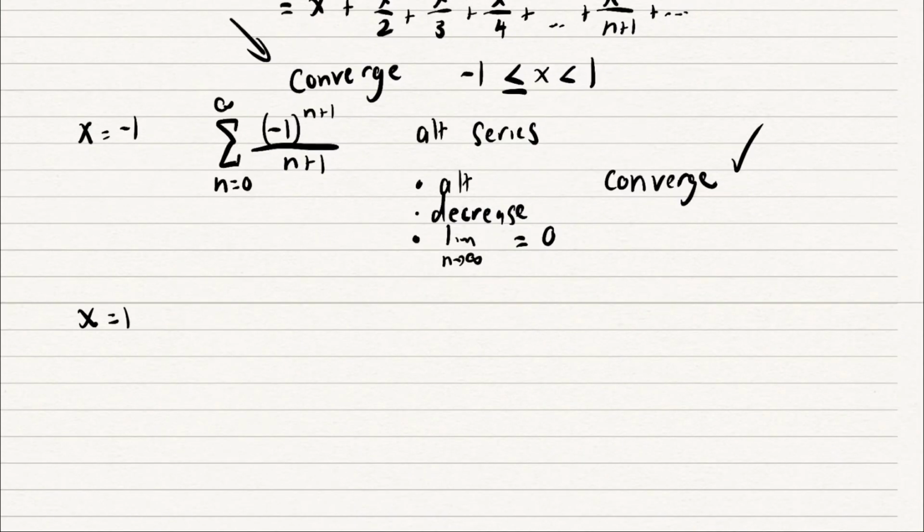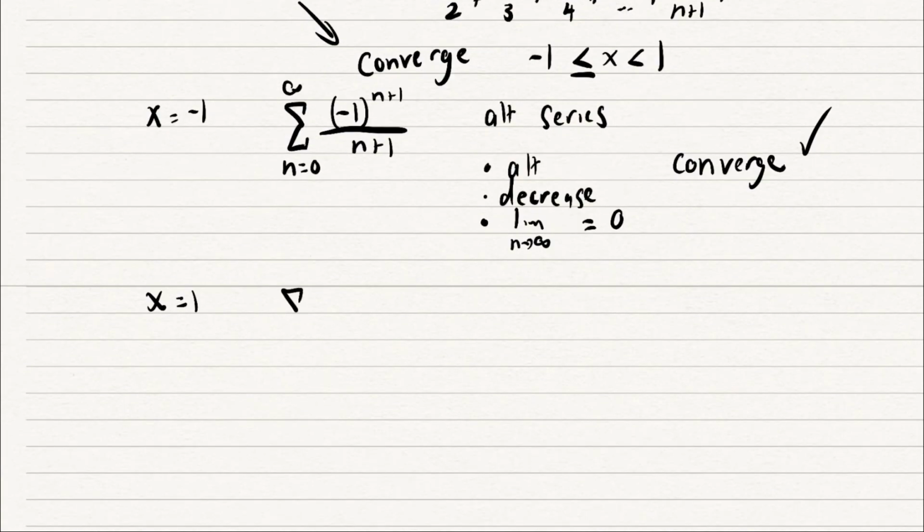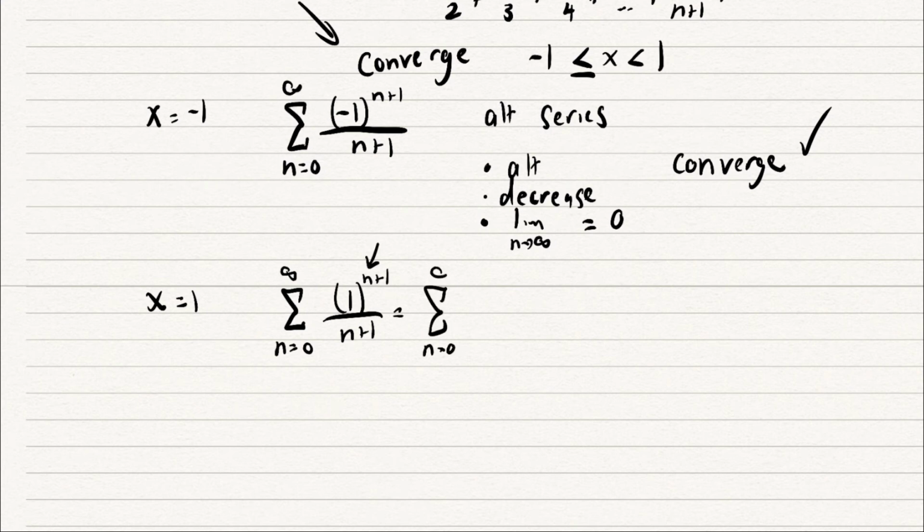Let's check to see if it is actually going to be equal to 1. So the summation n is equal to 0 goes to infinity of 1^(n+1) over n plus 1. Now I can actually just disregard the top part. So this is going to be the summation as n is equal to 0 goes to infinity of just 1 over n plus 1.